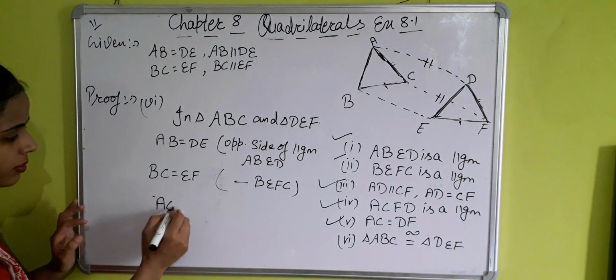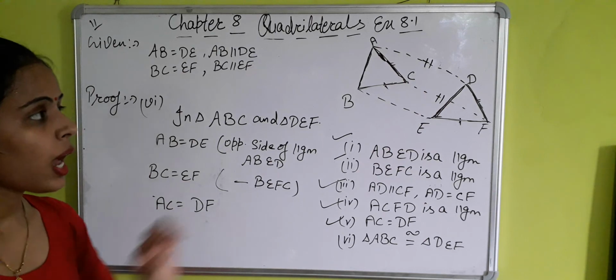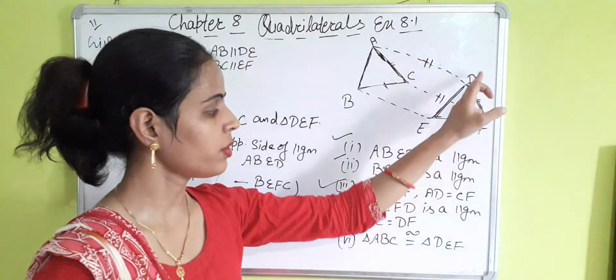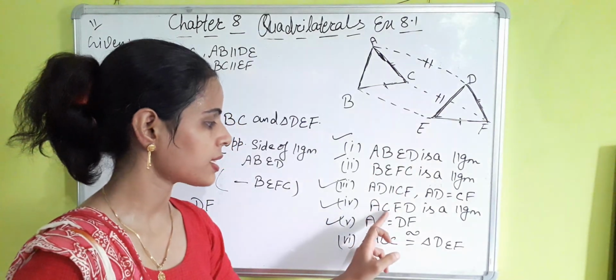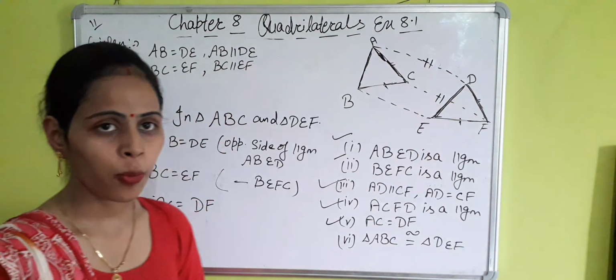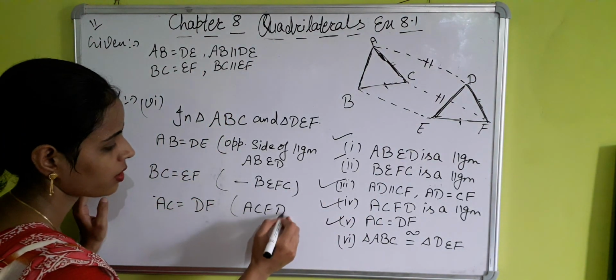AC equals DF. Why? Opposite sides of parallelogram ACFD. AC and DF are the opposite sides of parallelogram ACFD.